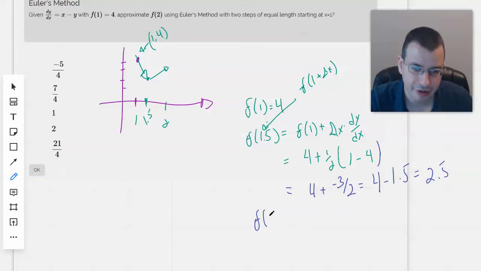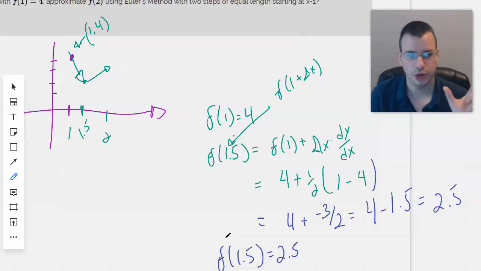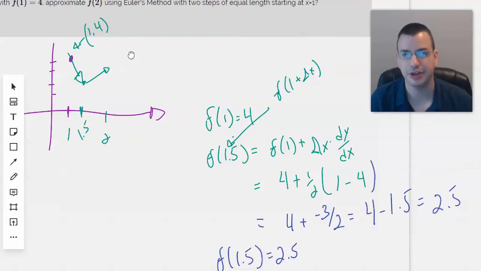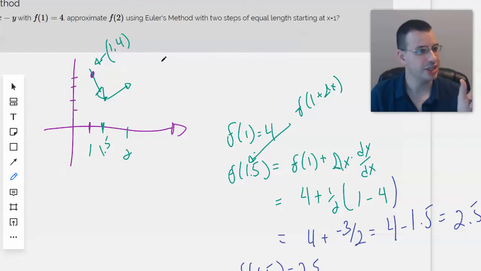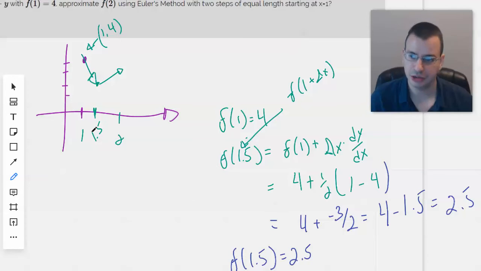So f(1.5) equals 2.5. To backtrack real quick, the idea here is to start with a point and draw a line based on the derivative, the slope. We know what the change in x is going to be because we know we want to go to 2, and we know we want to take 2 steps. That was given in the problem. If we want to be more accurate, we just take smaller steps. If we took smaller steps, each individual step would have less error. So x will go from 1 to 1.5.